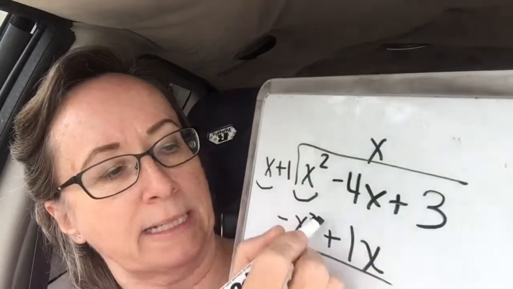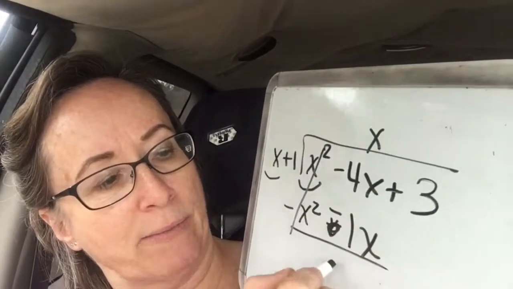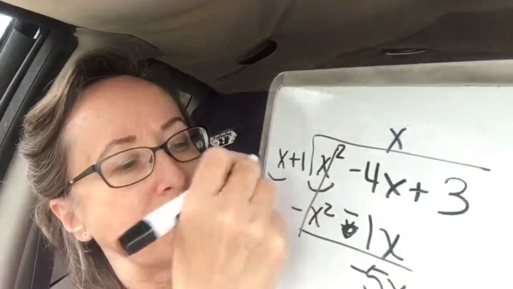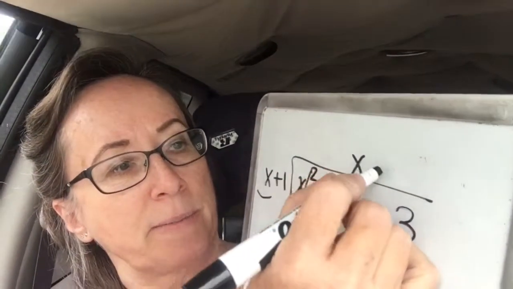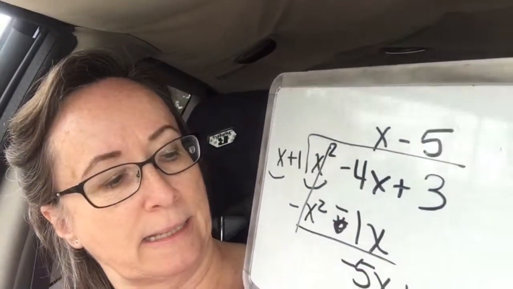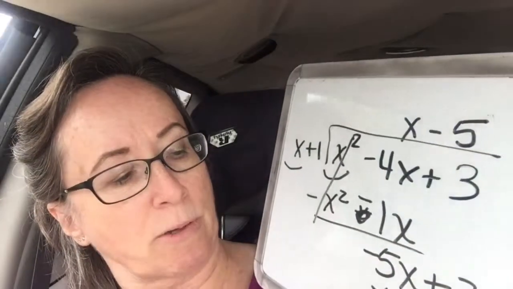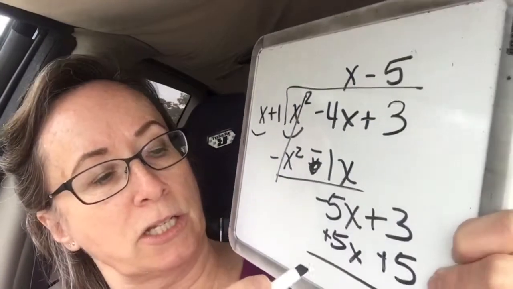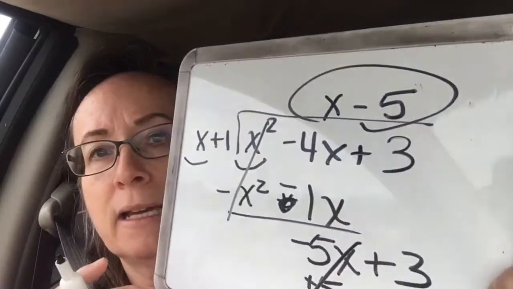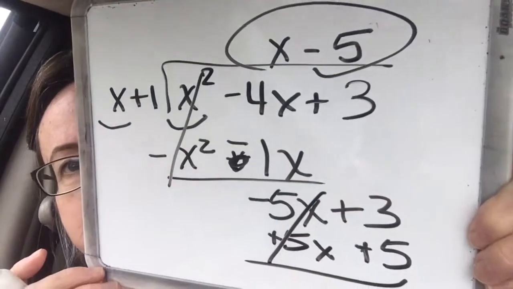We are subtracting, so we change both signs, and this goes away, and we have -5x plus 3. x goes into -5x, -5 times. -5 times x, -5 times 1. I'm subtracting, so both signs change, and I wind up with that canceling out. This x minus 5 is my slant asymptote.